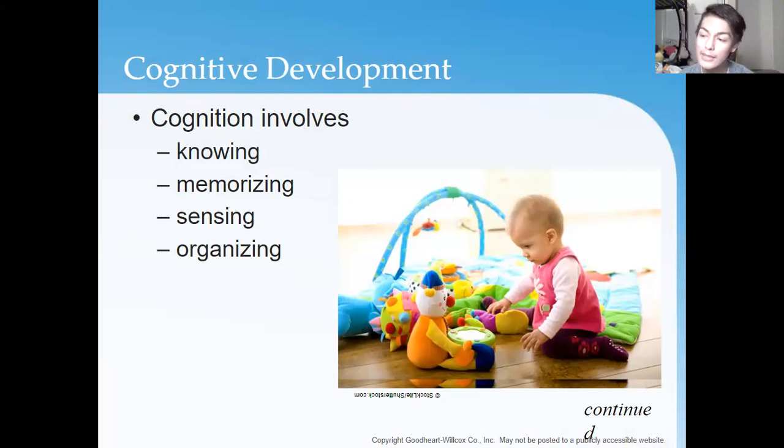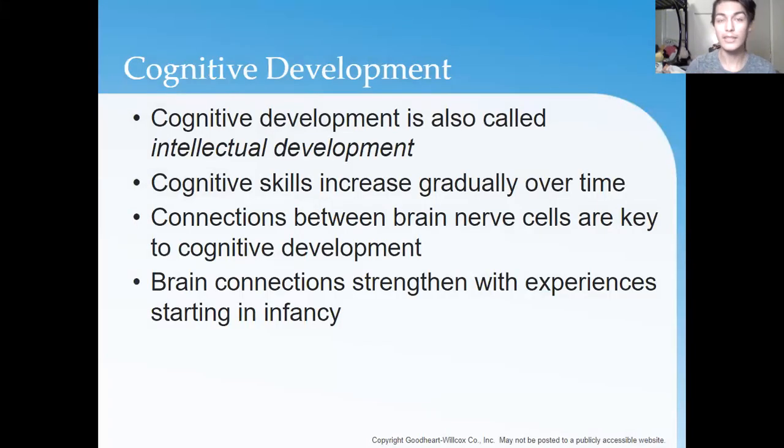If you have ever seen babies with the shapes, and they have to put them in the correct hole, that's cognitive development, because they know, hey, it's not going to fit in here, or hey, it is going to fit in here. In addition, we can also hear it being called intellectual development, because it's basically the same thing, intellectual and cognitive.